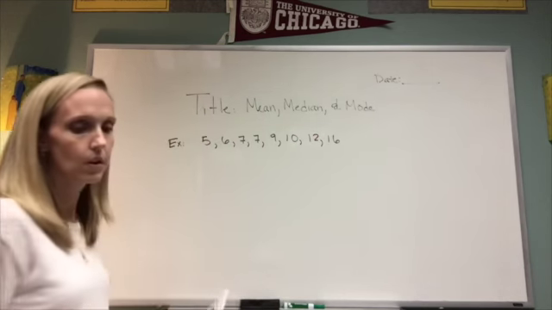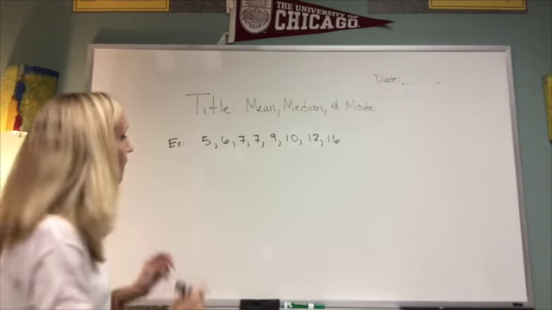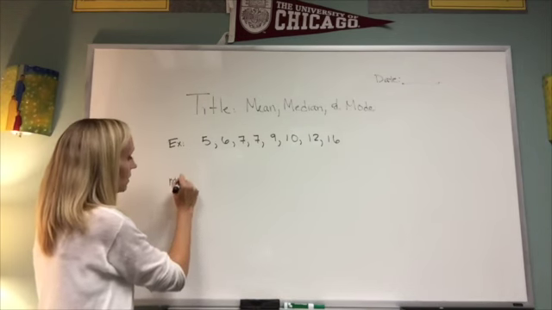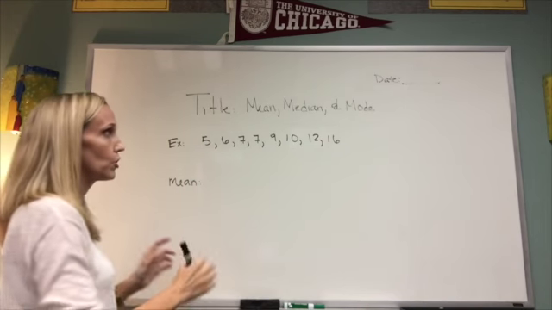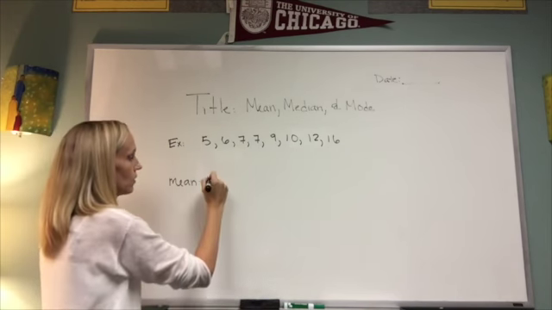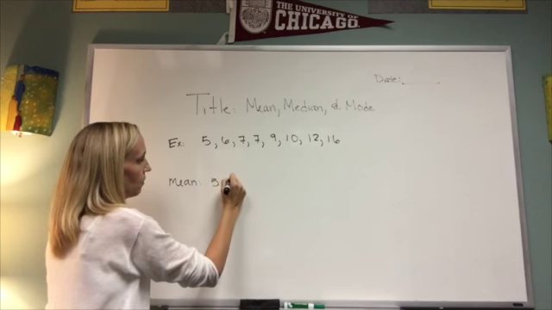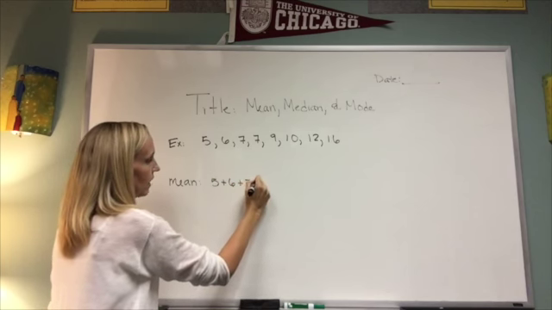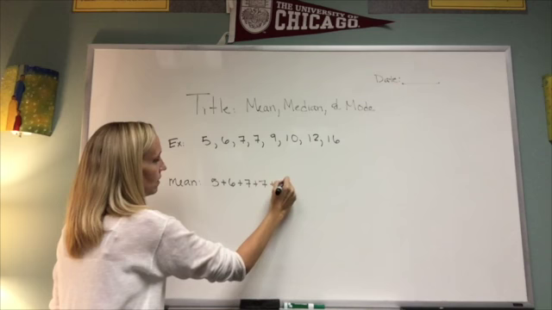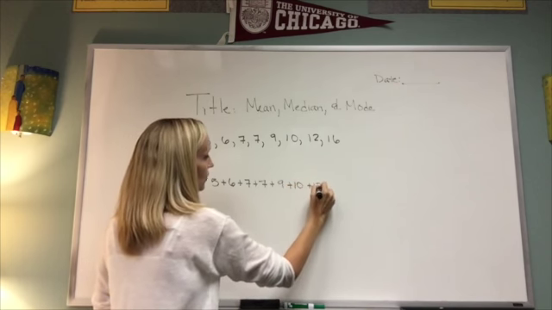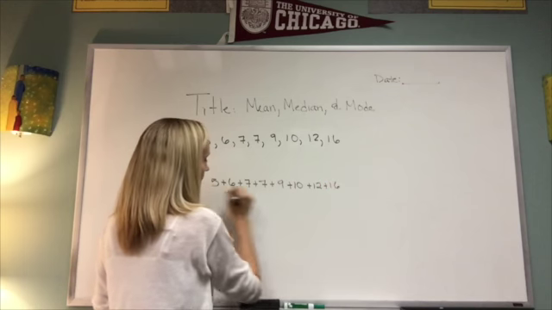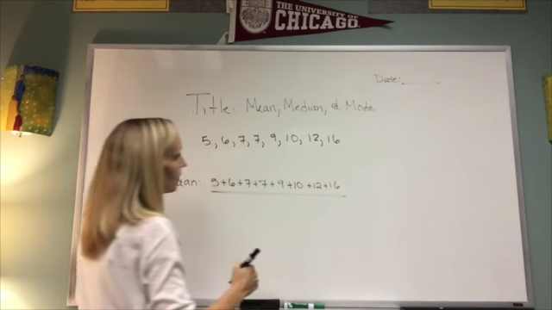Okay? So let's find our mean. Well, remember the mean is the average, so we're just going to add up all our terms. So I'm going to do 5 plus 6 plus 7 plus 7 plus 9 plus 10 plus 12 plus 16. And then I'm going to divide by the number of terms.